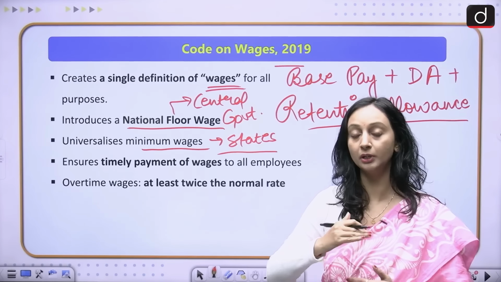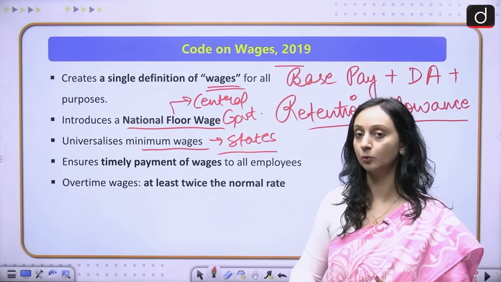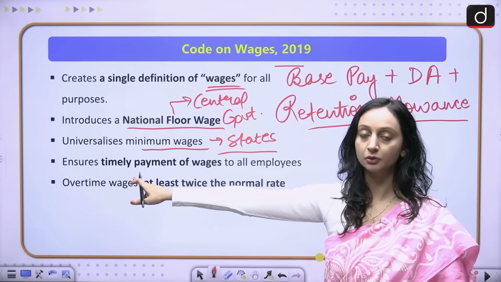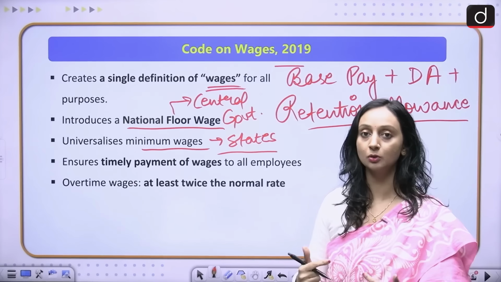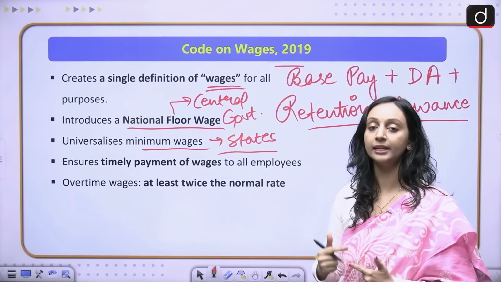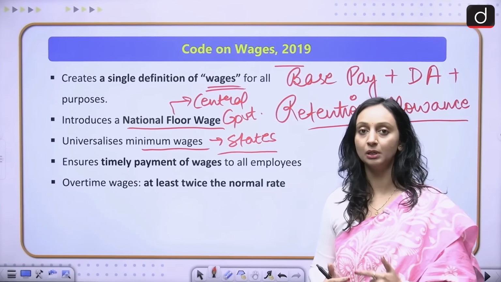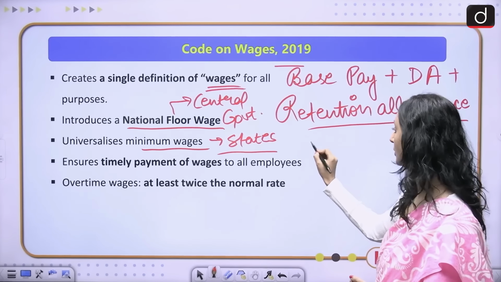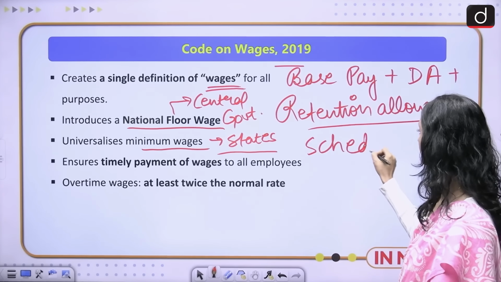They'll have to be equivalent or above the national floor wage, which is going to be introduced by the central government, and minimum wages will be introduced by the state government. So this also gets very important, because declaring these wages basically motivates people to join the employment force. And earlier this used to happen only for scheduled employment.